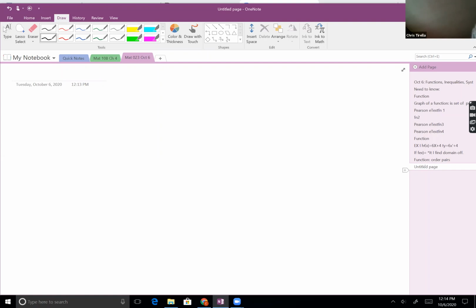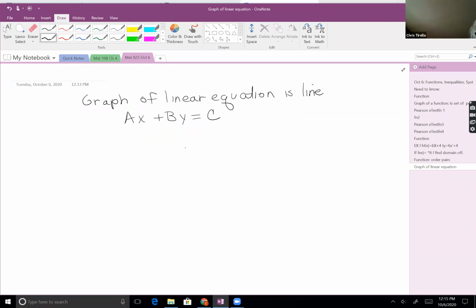So see what happens. So we've been graphing equations, which are lines, right? The graph of a linear equation is a line. I could have ax plus by equals c, or I could have y equals mx plus b. And if there's an equal sign, the points fall on a line.